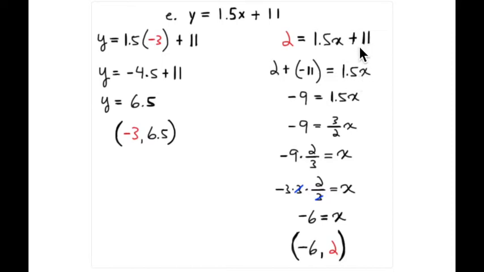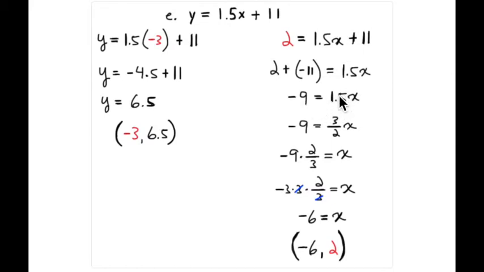So I'm going to move this 11 over to the left side by adding its additive inverse. Additive inverse of a positive 11 is negative 11. That makes this 0. But also you have to add it to the left side. So you're adding a negative 11 to the left side. So negative 11 plus 2 is negative 9. So now we have 1 1/2 x is equal to negative 9.